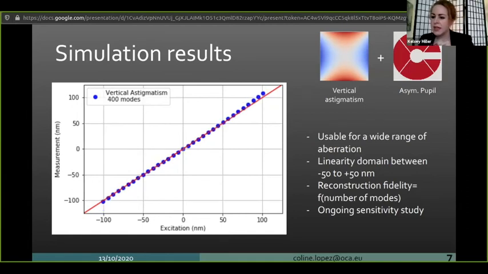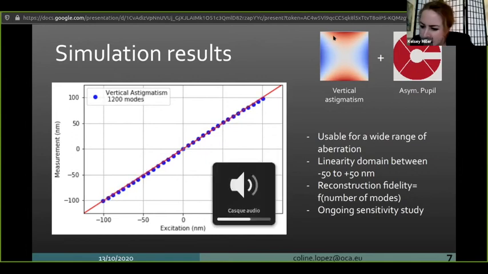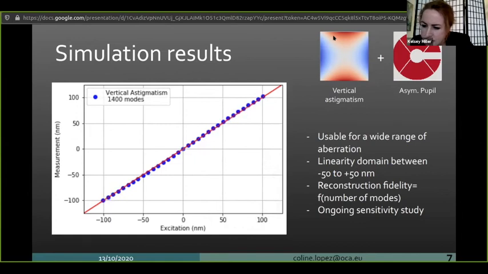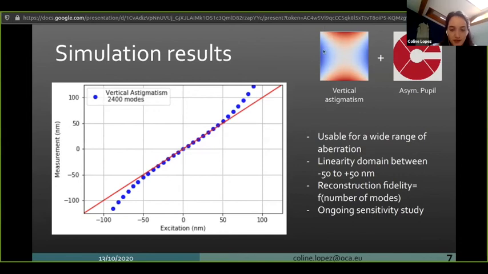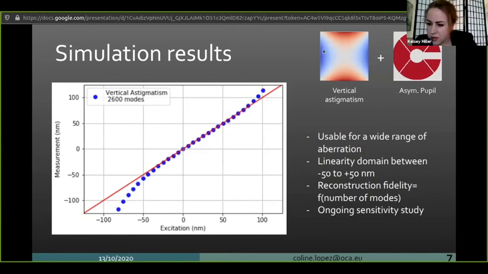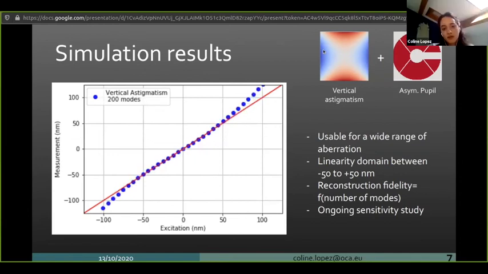Okay, thank you. And then we have another question here from Tasir, and I'm sorry if I mispronounce people's names. The question is, is it normal to see this asymmetry in the linearity curves for plus and minus a positive excitation on the DM? Sorry, I don't understand the question. So I think the question is how does this asymmetry affect the linearity regime that you're showing in your simulation results? Oh, it should not affect the linearity domain.